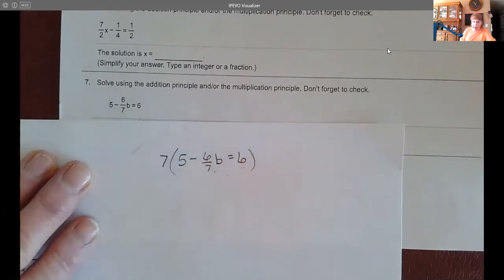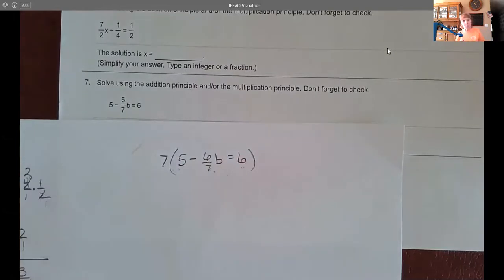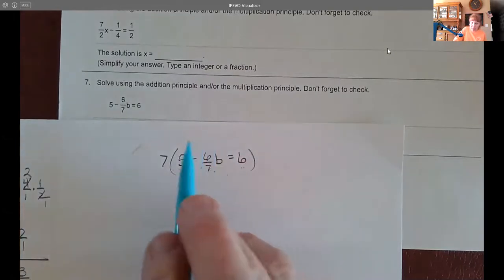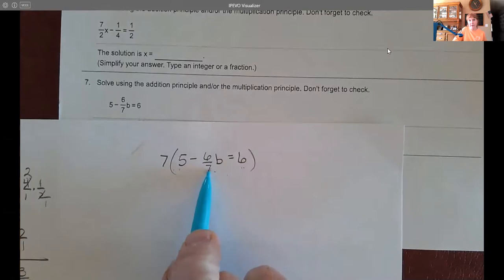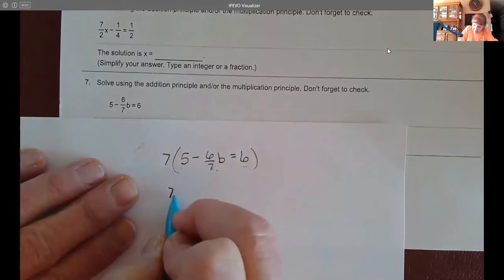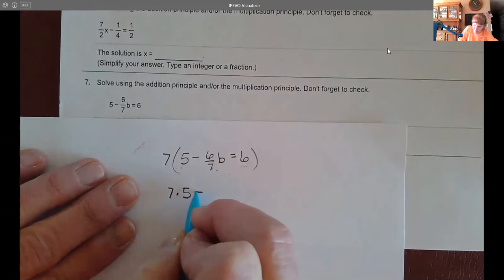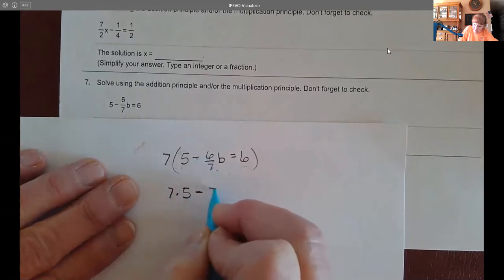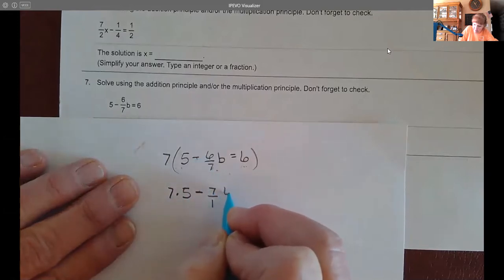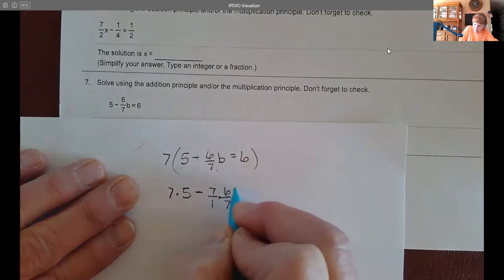So I'm going to multiply every term by 7. The reason is that 7 is the only denominator, and so 7 goes into 7. So I'm going to take 7 times 5. Have that minus there. 7/1 times 6/7b.